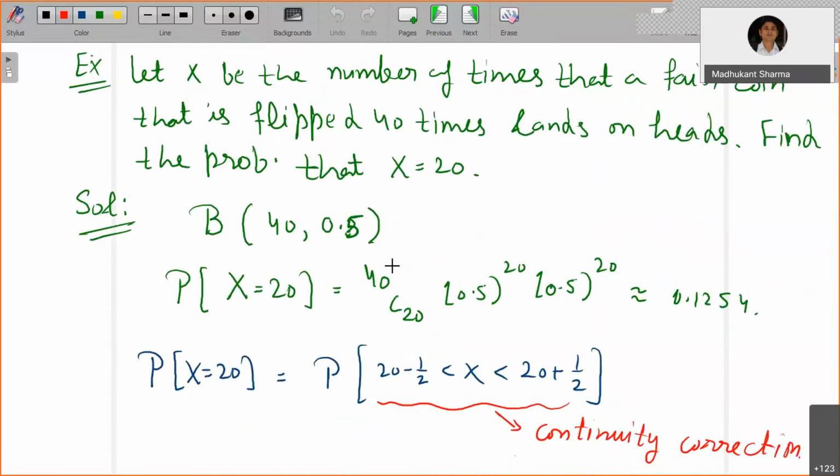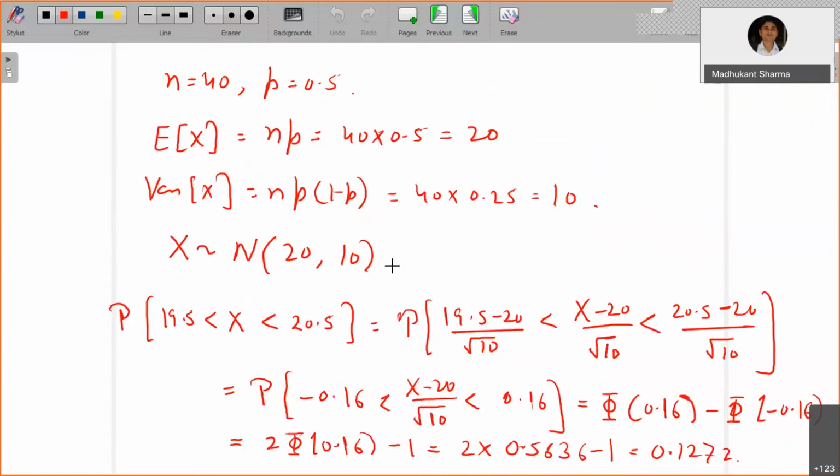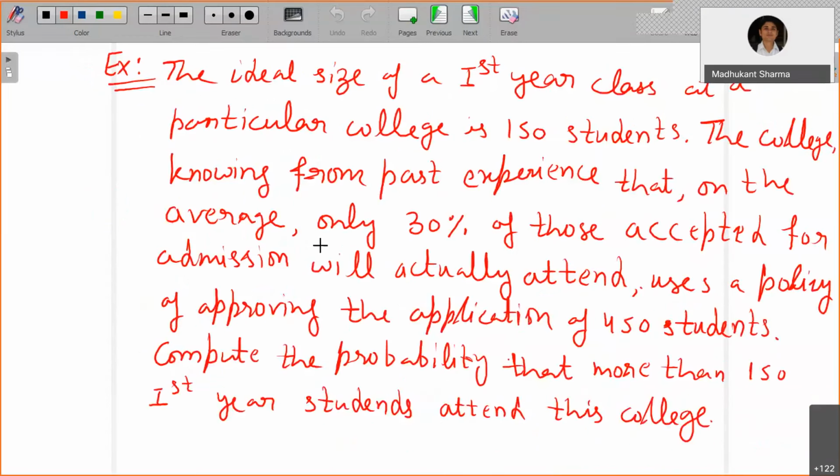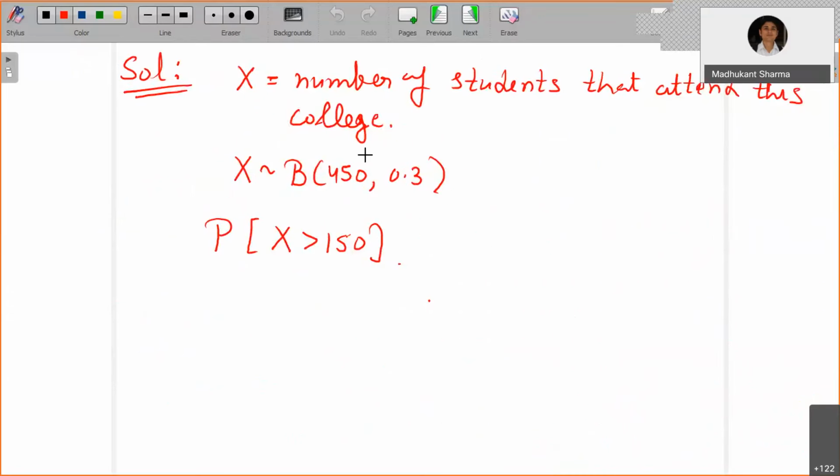Now we are interested in the probability of X greater than 150. I hope you don't want to go with the binomial, because it will use 450 C 151, 450 C 152 and so on. Or if you go with the negation, 1 minus the probability of X less than or equal to 150, that also involves a number of terms, like 450 C 100, which you don't want to get into.